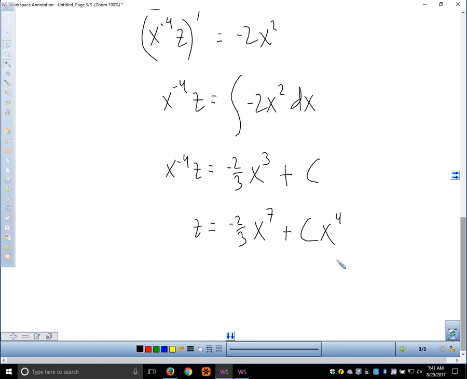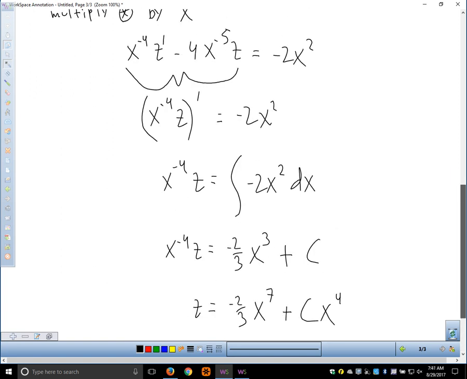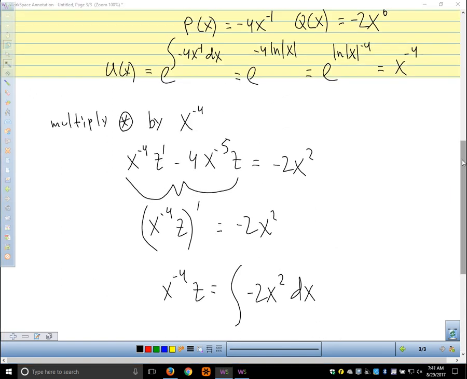Where did you get that x to the negative 4 times z prime equals negative 2x squared? So this was the way that we solved our first order linear differential equations without using the formula. I just recognize that this is a derivative of a product.